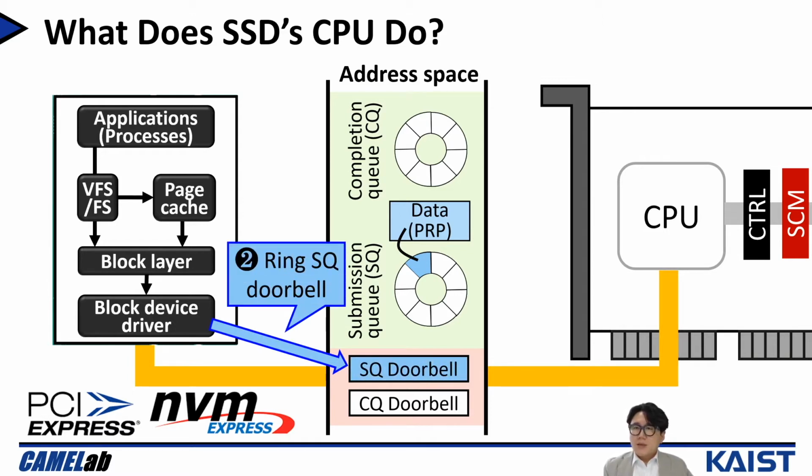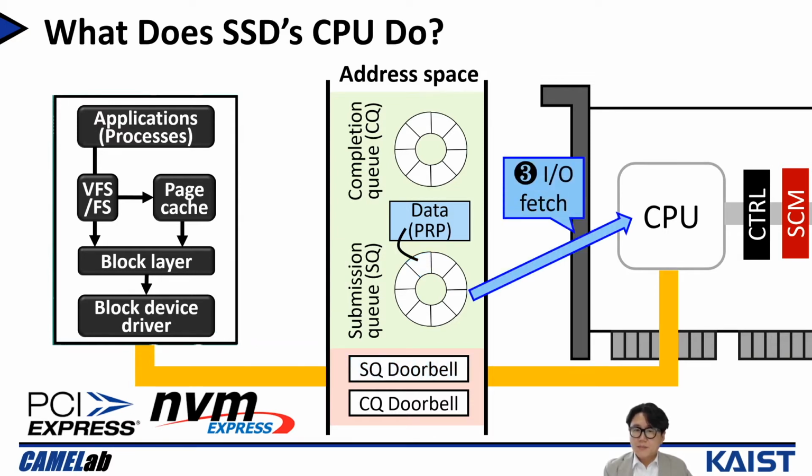The host then writes the doorbell register to let the storage know about the submission queue update, and the underlying processor is required to detect the doorbell ringing. Once it has been detected, the storage side processor fetches the issued command and parses the command into storage-level information.